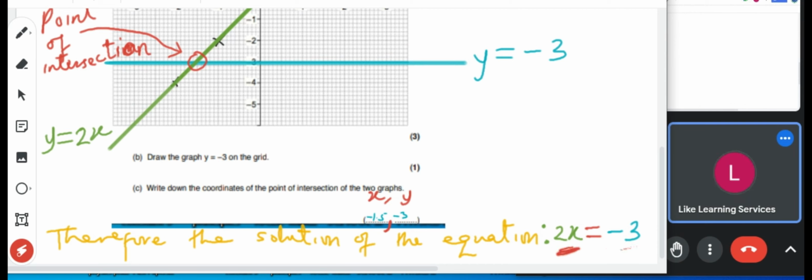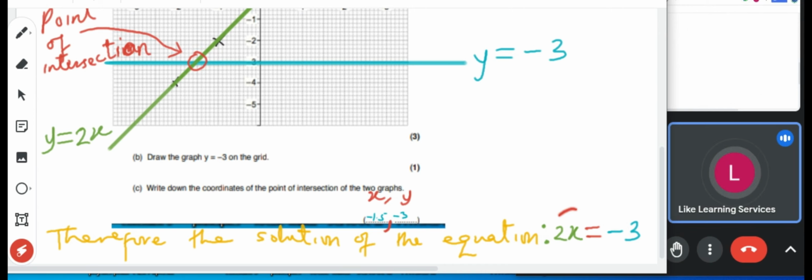So if we have 2x equals minus 3, each one equals the other. If we equate both of them, wherever they cross, equate means one equal to the other. Did you get that?